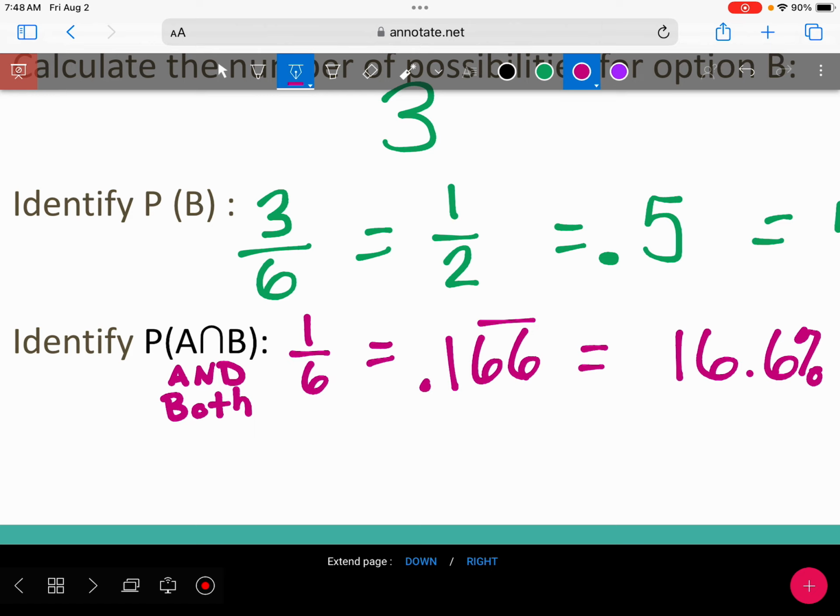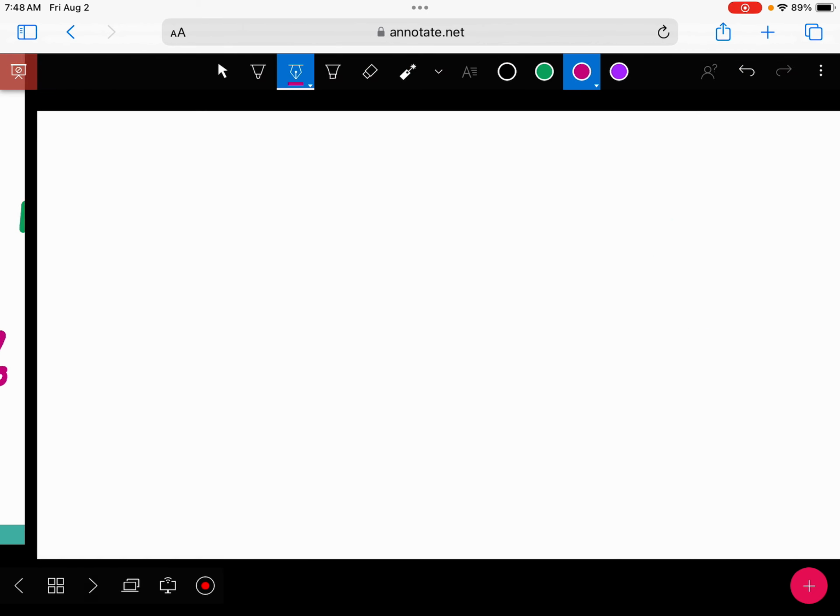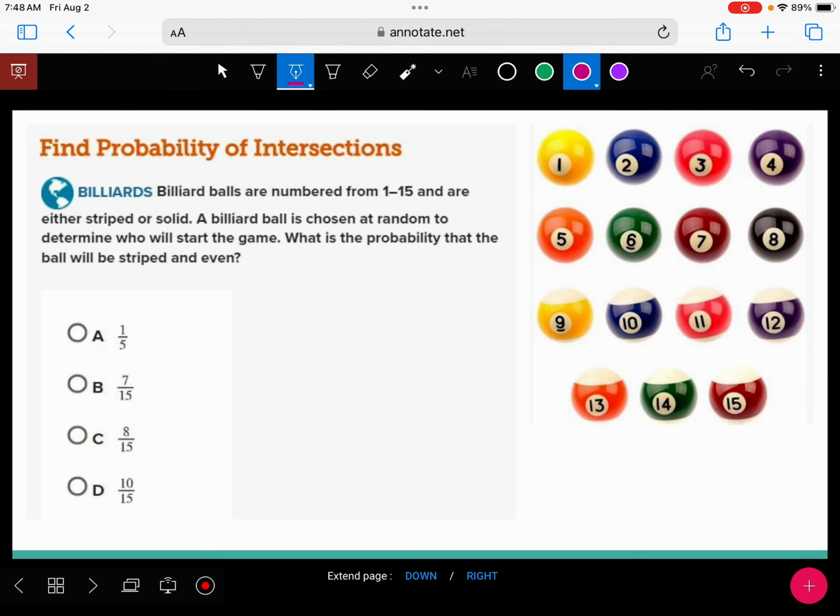Okay. Now that we've worked with those again at least once, how are we feeling about that? Any questions as of right now? Okie dokie. Because the next one is very similar. We're just going to practice, instead of using a die that you are familiar with, we've got billiard balls pool.